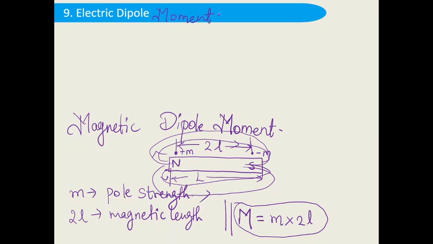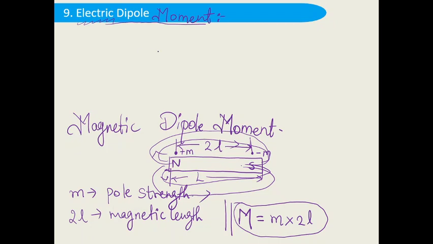What is electric dipole moment? Let's suppose there will obviously be an electric field instead of a magnetic field. Now, dipole means two poles. Why magnetic dipole? Because magnets have two poles, positive and negative, plus m and minus m, north pole and south pole.